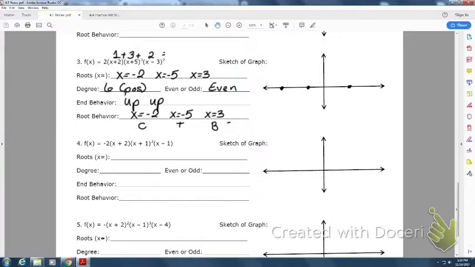And it is up, up, so I'm going to cross. So again, make it look like you're about to bounce, but then just curve it and go down. So twist at negative 5, cross at negative 2, bounce at 3.